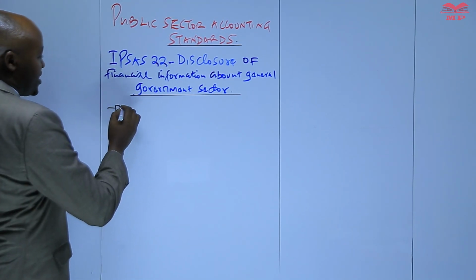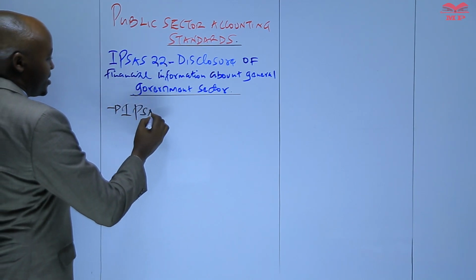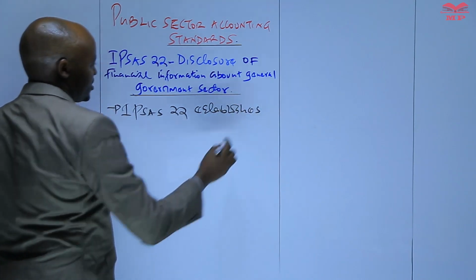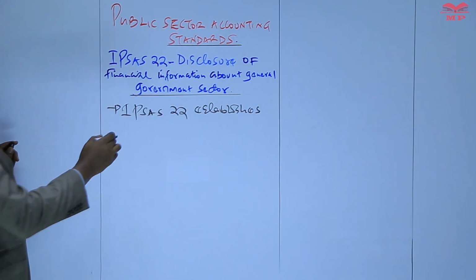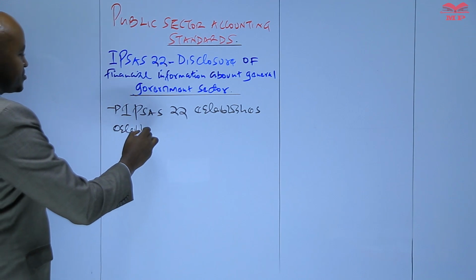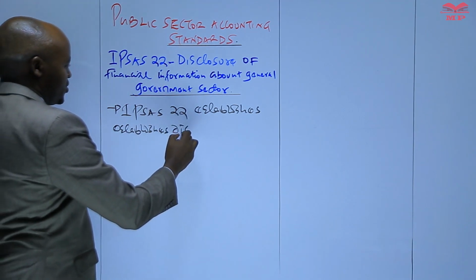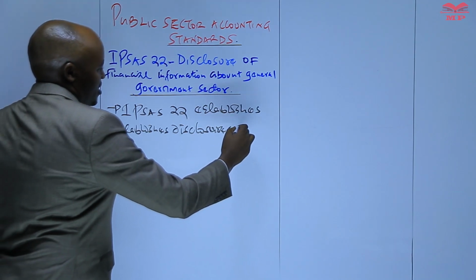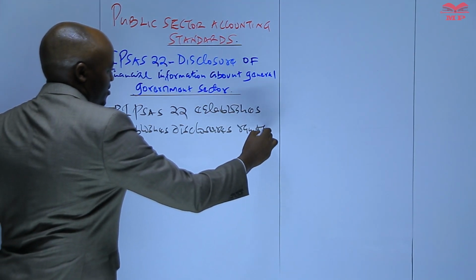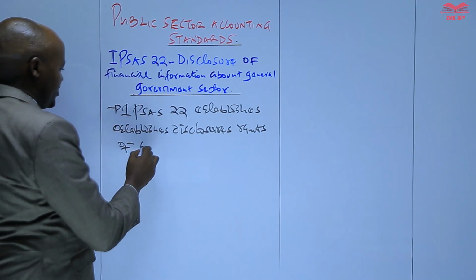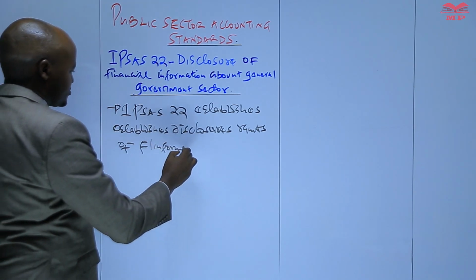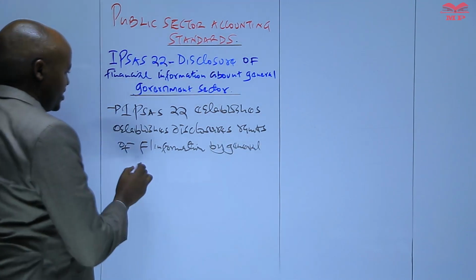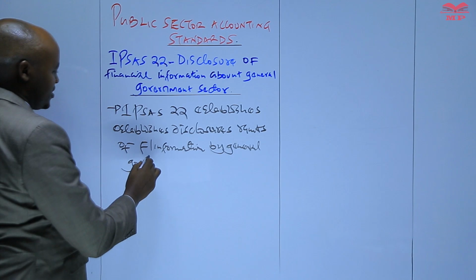So therefore we can say that IPSAS 22 establishes the disclosure requirements of financial information by the general government sector.